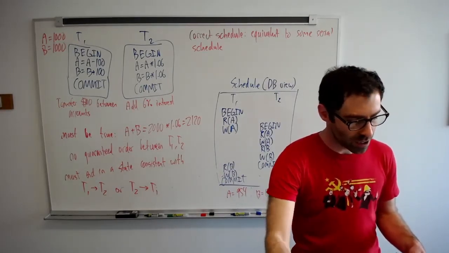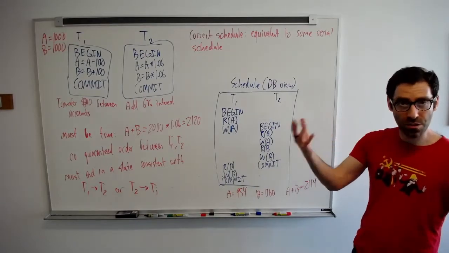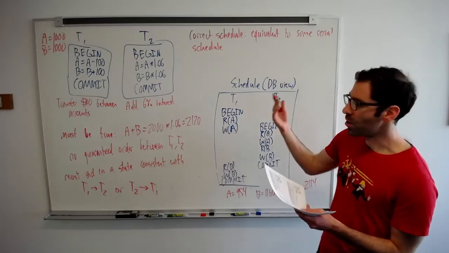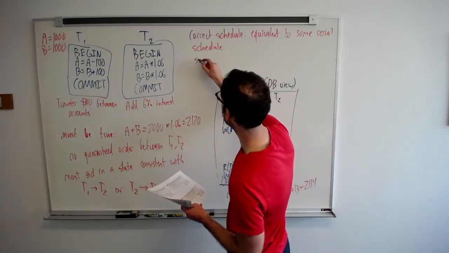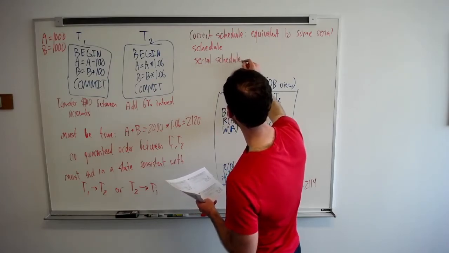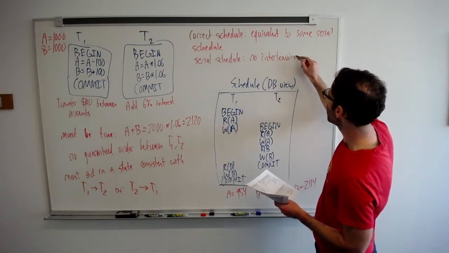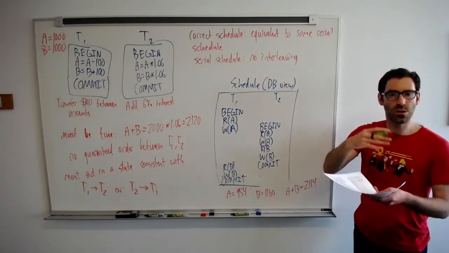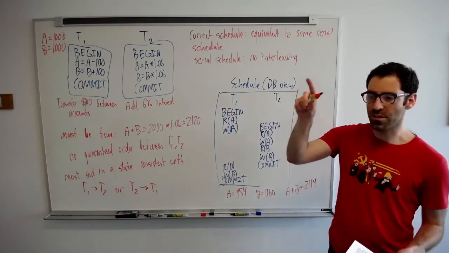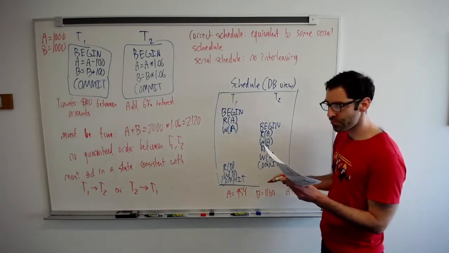So these are the formal properties, this concurrency control theory that we're building up. We're saying that a serial schedule is one in which there is no interleaving of transactions. Each transaction happens as a whole chunk, and there's no back and forth.